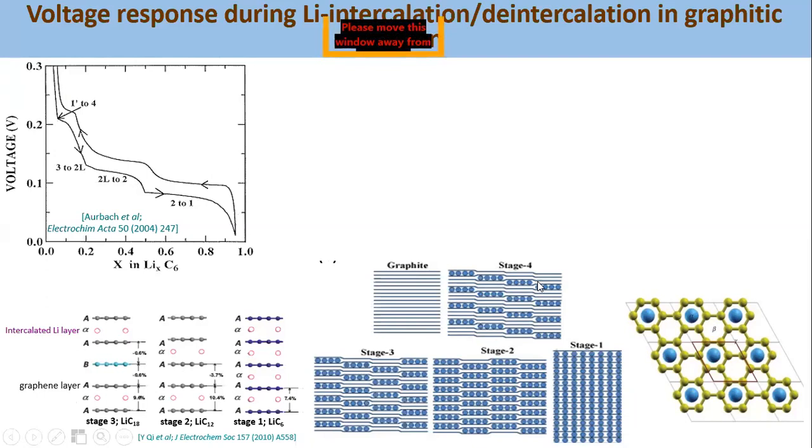When the voltage reaches near 2 volts, stage 4 gets formed. In stage 4, what will happen? Lithiums are randomly stored in the graphene planes in graphite. When the voltage comes closer to 0.1 volt, these randomly stored lithium ions get systematically stored, where between three layers of graphene, one layer of lithium will exist.